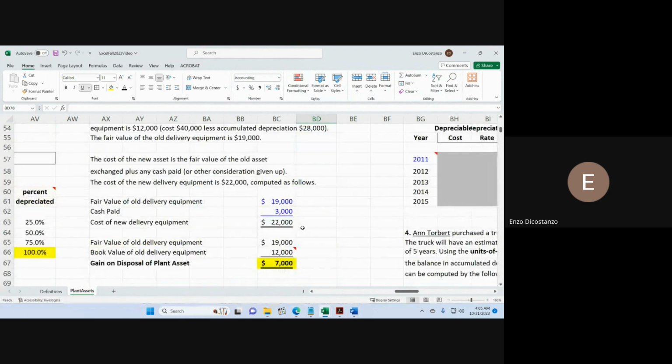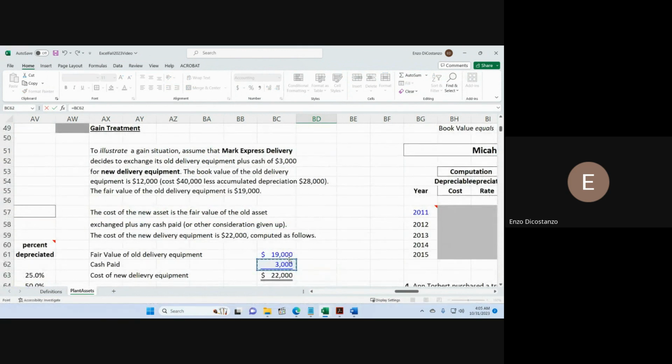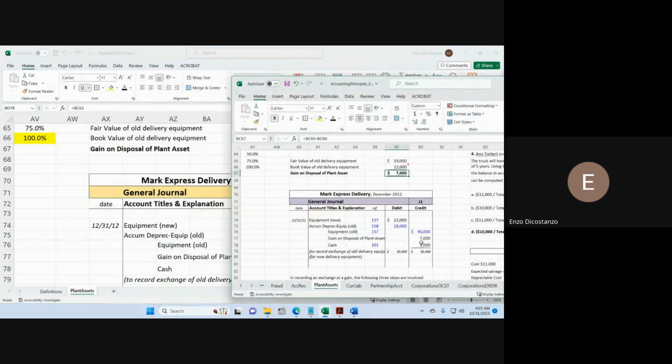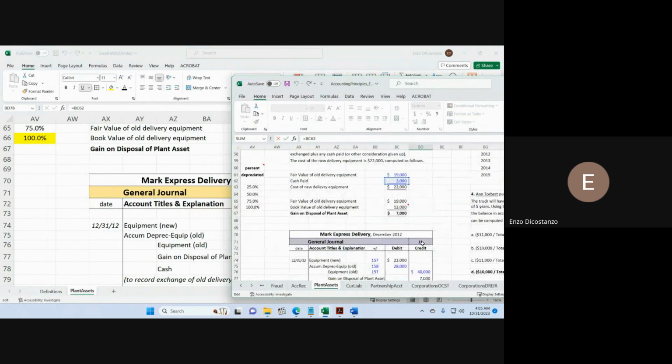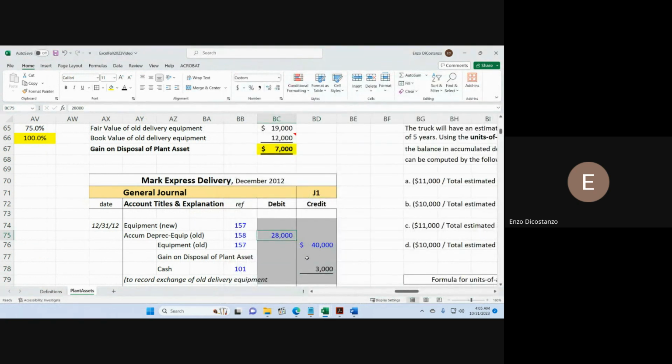Cash exchanged hands here, 3,000. There's your 3,000, which is there. The gain we'll get to in a second. We'll get to the gain.